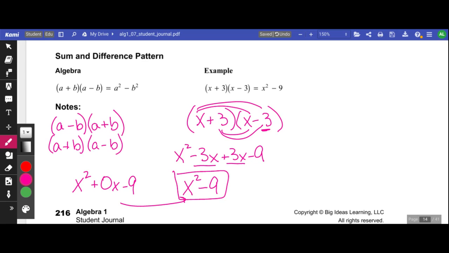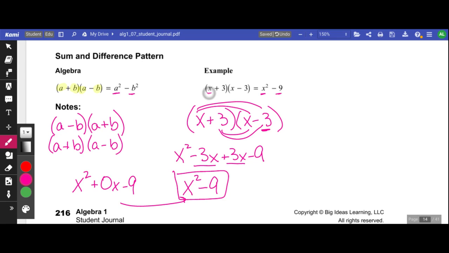So you could do all the foiling and everything, or you can just remember the trick. When I have the exact same terms, a and b and a and b, just with different signs, the answer is going to be a squared minus b squared. You get x squared minus 9.